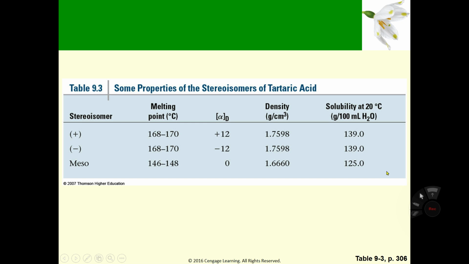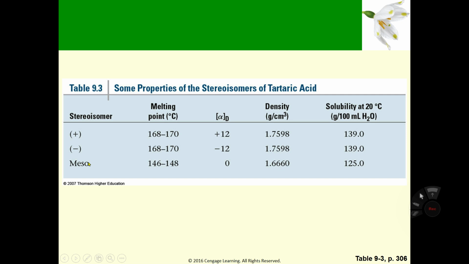Solubility will be different. So the meso compound is a completely different isomer, a different compound from the enantiomers. They will have completely different physical properties, okay? So in this case, the relationship between the meso compound and the enantiomers will be a diastereomeric relationship, okay?